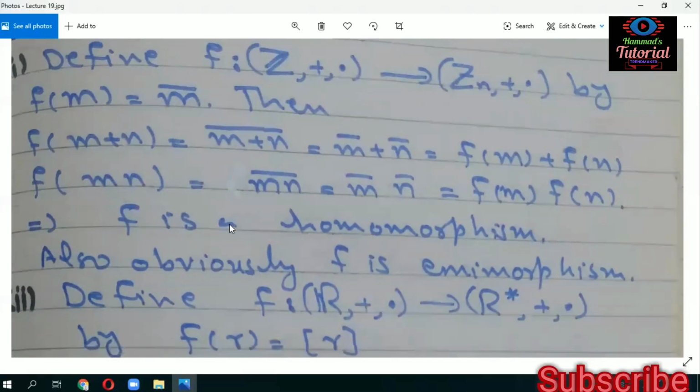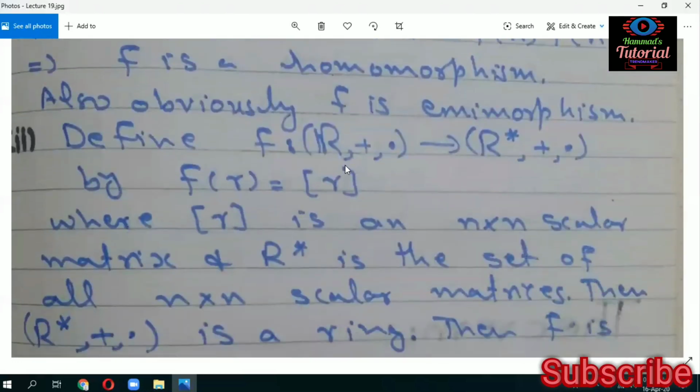Clearly. Next, we define f from R, where R means the set of real numbers, to R star. What does R star mean? We have already discussed it earlier: it is the n cross n scalar matrices. So f of r is equal to the scalar matrix. What do we mean by a scalar matrix?